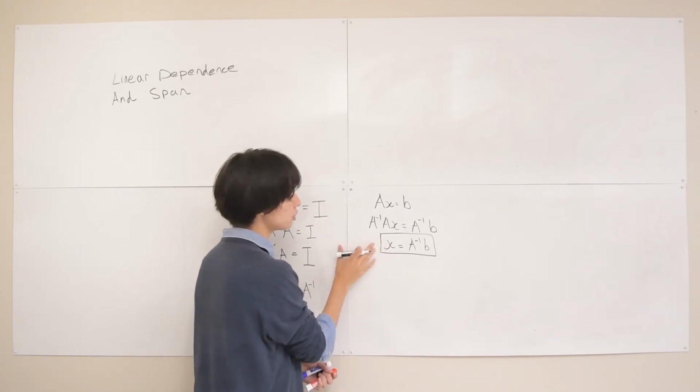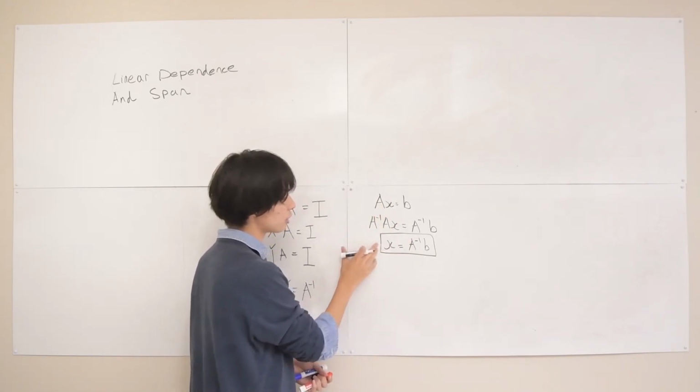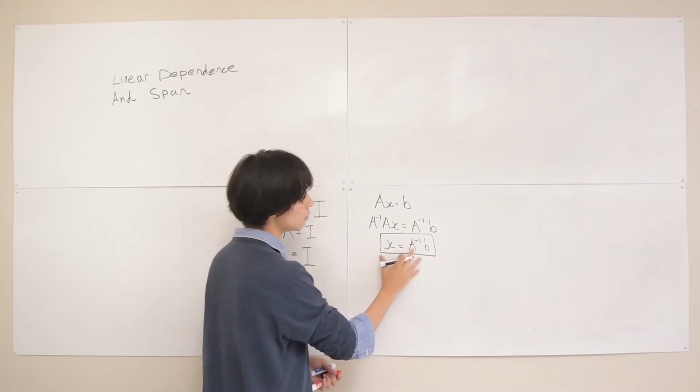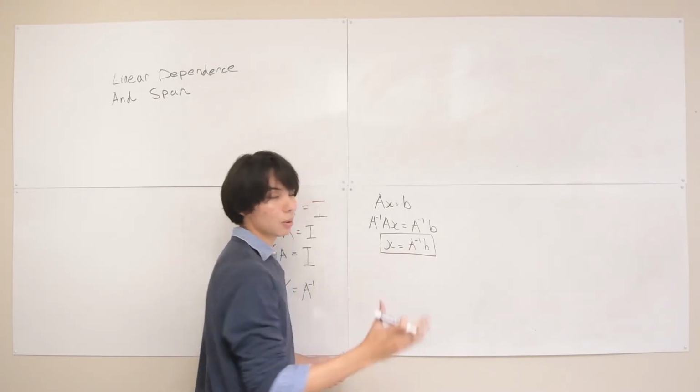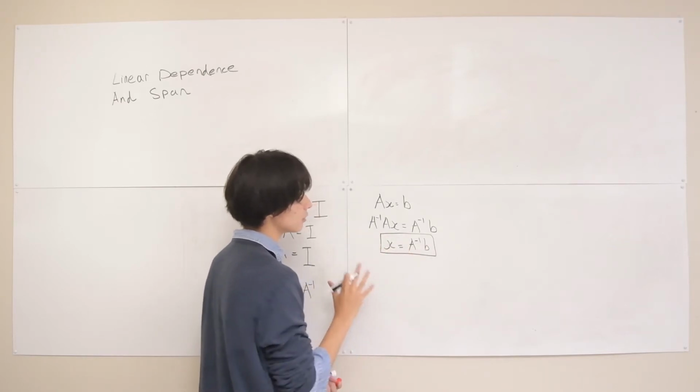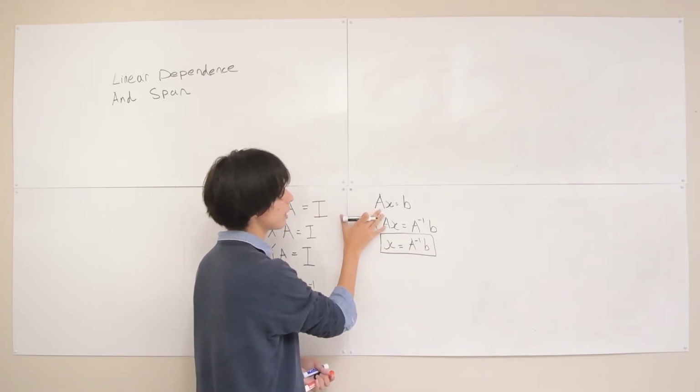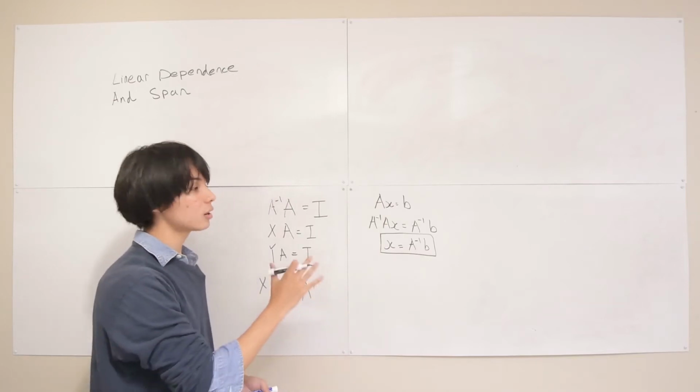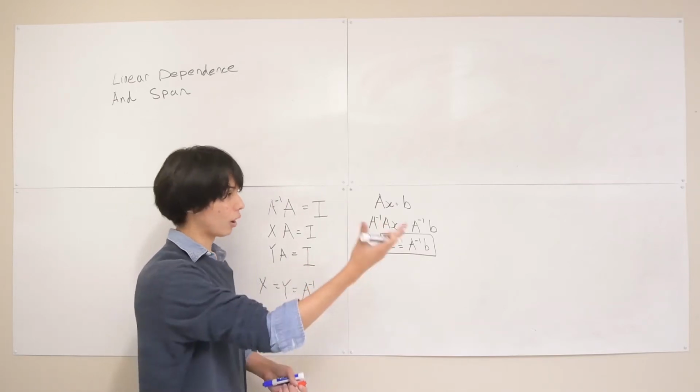If there were multiple solutions X to this system of linear equations, there would have to be multiple versions of A inverse, and that's impossible. So the other thing we can glean is that a matrix A is invertible only when this system has one solution. And we're going to talk about the geometric understanding of that right now.